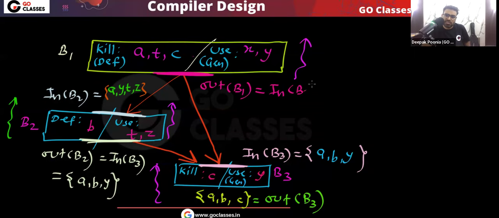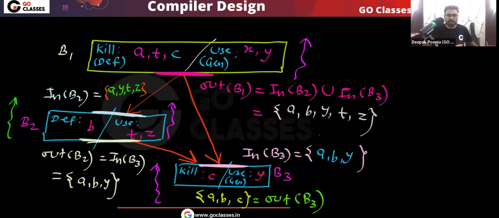The successors are B2 and B3, so you take the union of in of successor basic blocks. AYTZ, ABY. So it will become ABYTZ.